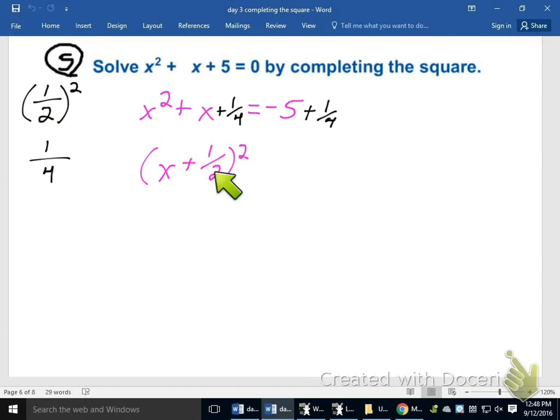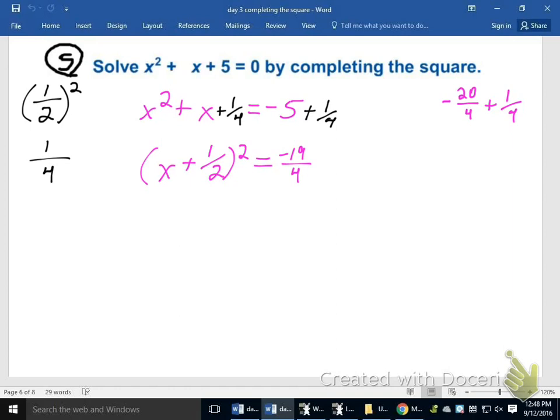And that's also because 1/2 plus 1/2 would be 1, and 1/2 times 1/2 would be 1/4. And that equals negative 5 plus 1/4. Really quick, I'll make that negative 20 over 4 plus 1/4. So I know it's going to be negative 19 over 4.